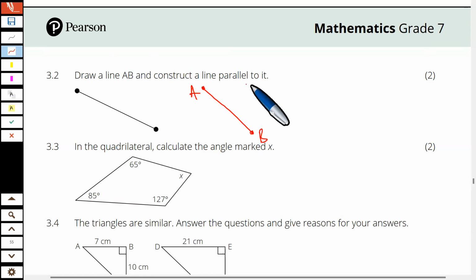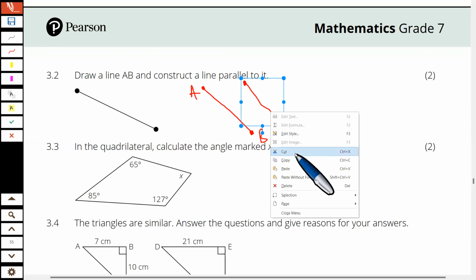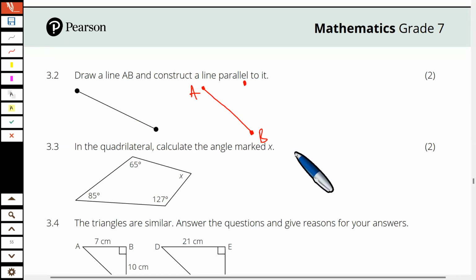And then you construct a line parallel to it. Like this. So you have this.